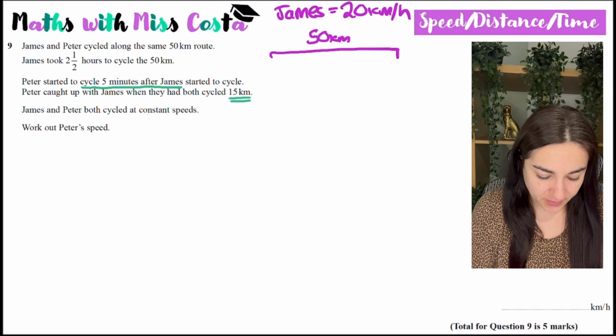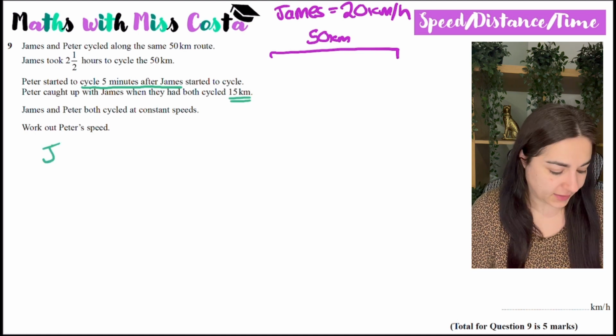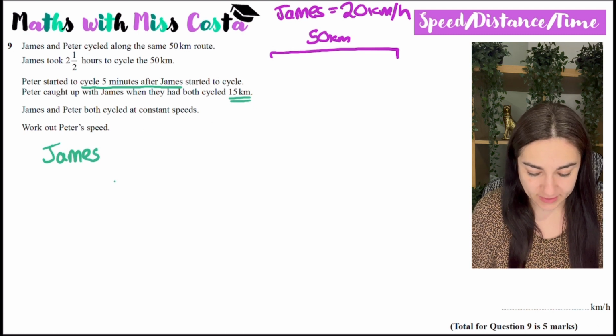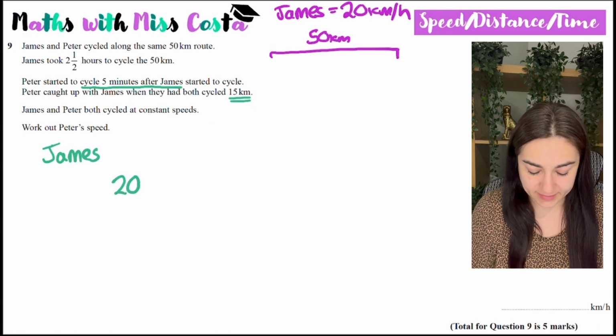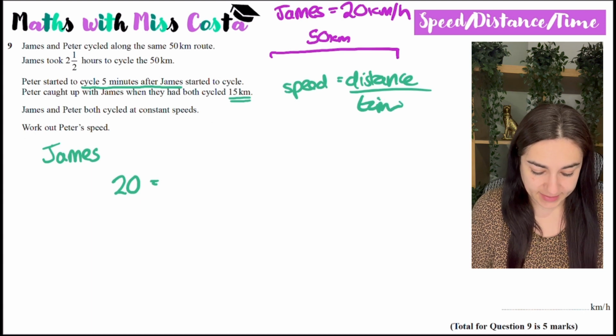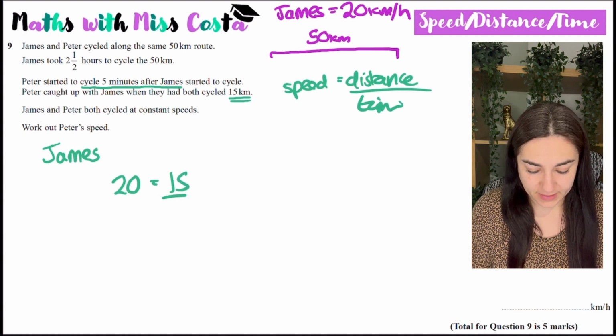So I know that James's speed is 20 kilometers per hour. So I know his speed, write the formula up again, speed is distance over time. So speed is distance, 15 over time.